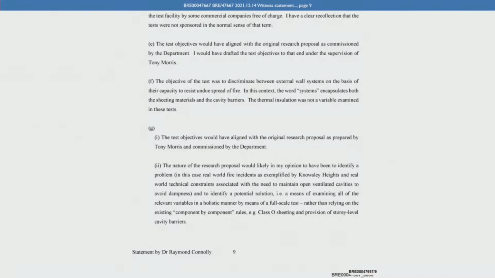And then if you look, please, at G, at the very end of the page, he says, the nature of the research proposal would likely, in my opinion, have been to identify a problem, in this case real-world fire incidents as exemplified by Knowsley Heights, and real-world technical constraints associated with the need to maintain open ventilated cavities to avoid dampness, and to identify a potential solution, i.e. a means of examining all of the relevant variables in a holistic manner by means of a full-scale test, rather than relying on the existing component-by-component rules, for example, class 0 sheeting and provision of storey-level cavity barriers.